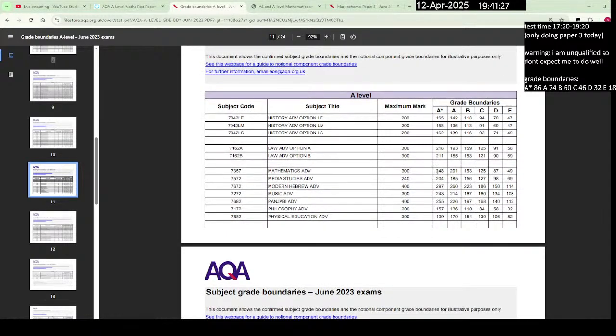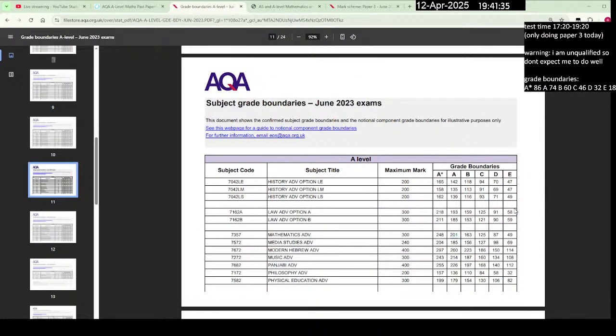So you can see here, mathematics. A star is 248, I didn't get that, but A is 201. So, I got an A. Woo, I got A. Overall A still. Okay, that's impressive, honestly, to me.